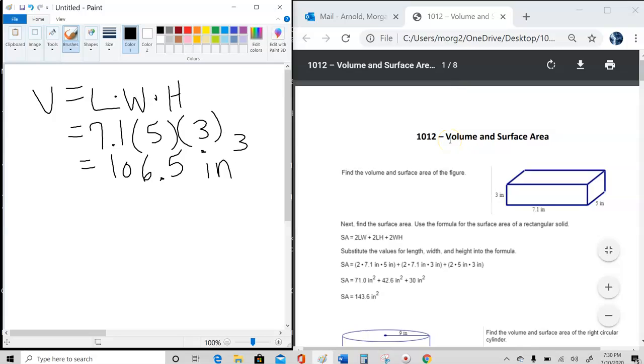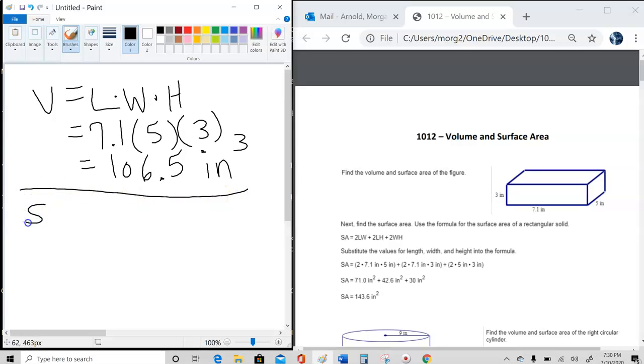With the same dimensions, same shape, we also need to find the surface area. Surface area for a rectangular solid is given by the formula 2 times LW plus 2 times LH plus 2 times WH, where L, W, and H still stand for length, width, and height.